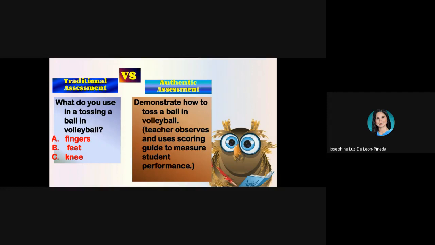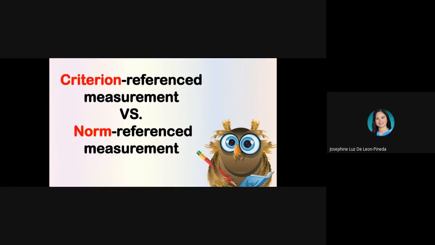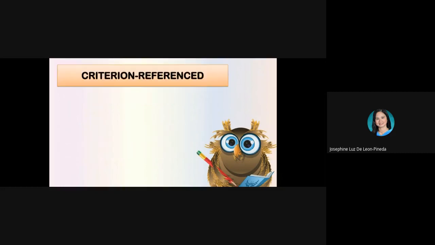I hope you don't have questions, or I hope you understand the differences between the two. Next, we have the criterion reference measurement versus norm reference measurement. This is very short. I just want to introduce the terminologies.